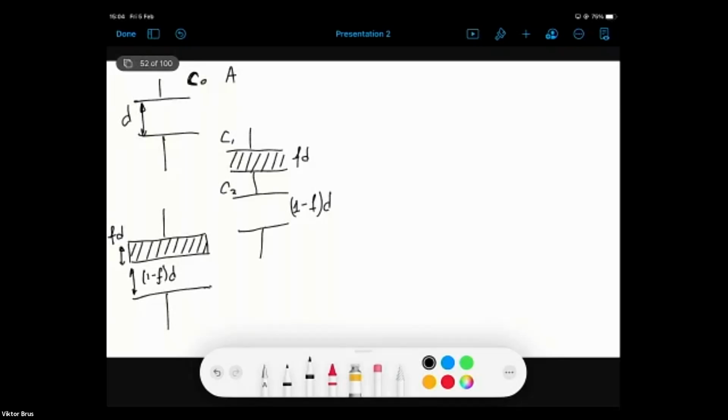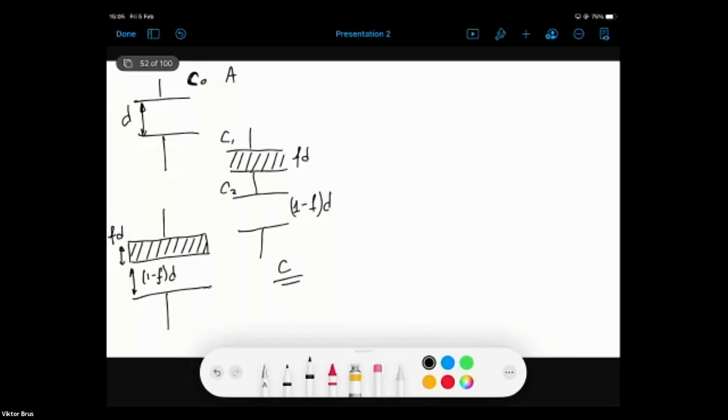Obviously we can represent this system of two capacitors in series with some equivalent capacitance C, and this is our task, to understand how to calculate this equivalent capacitance.